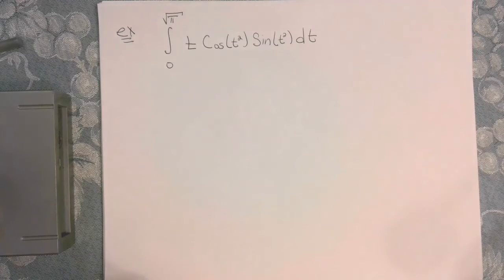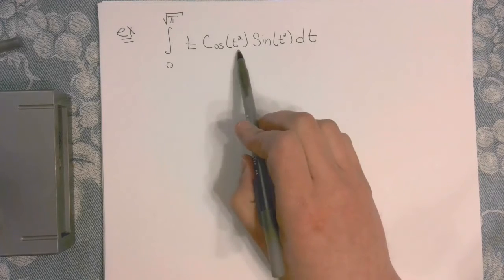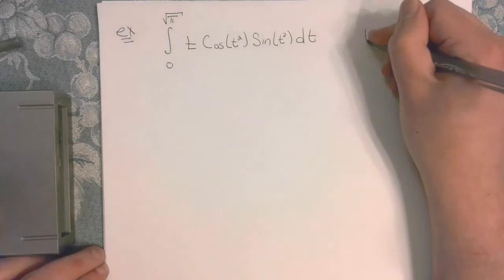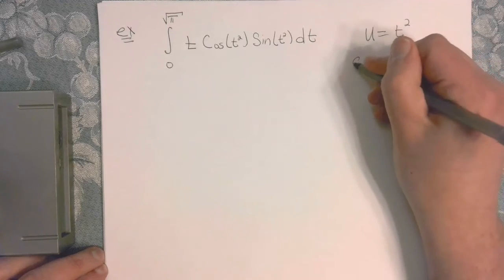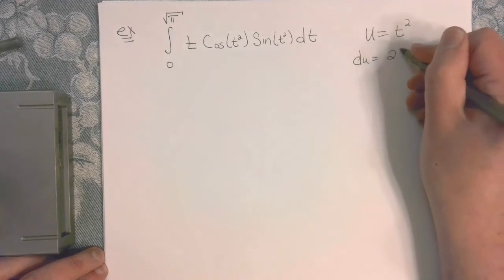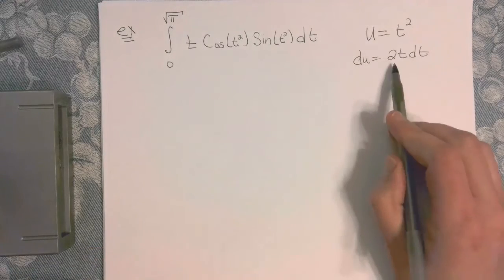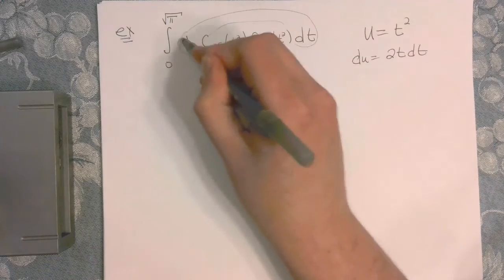So this looks pretty involved. Well, let's make an initial substitution. So I know that t squared and t are pretty closely related by a derivative. So let's let u equal t squared. Now if I take the derivative of that, so du, that's going to give me 2t dt. Let's go ahead and divide out the 2 because we want to get rid of this t dt business right here.